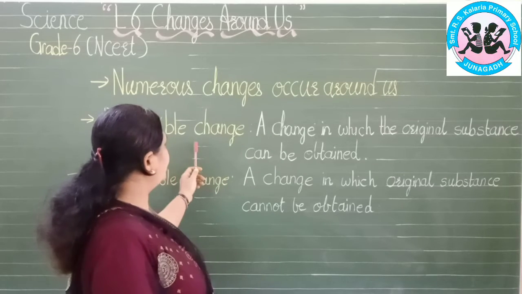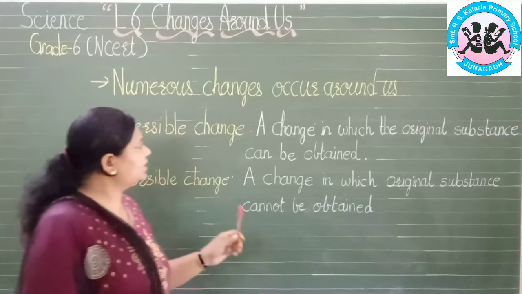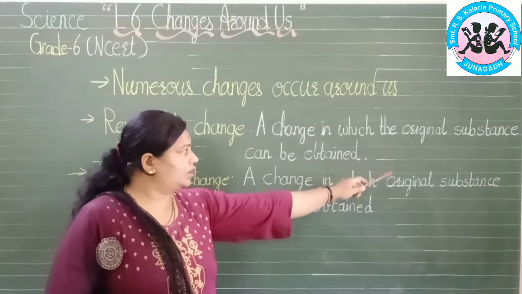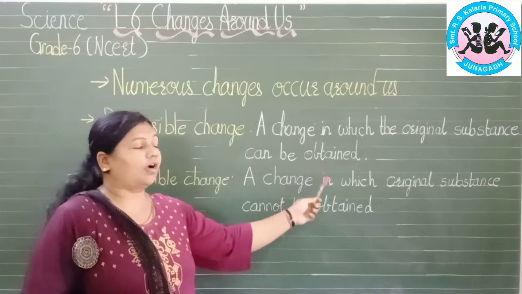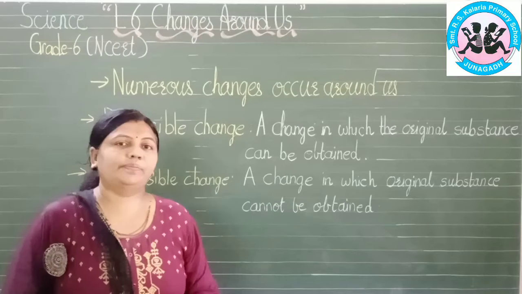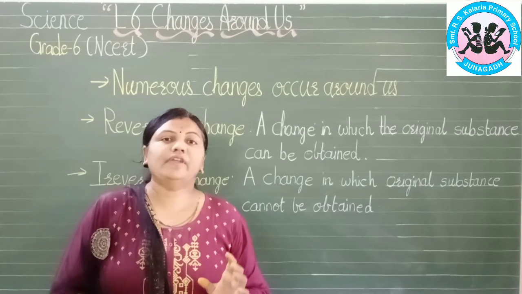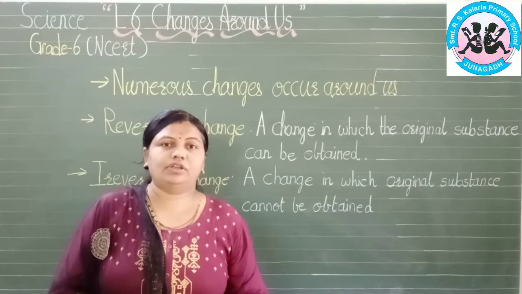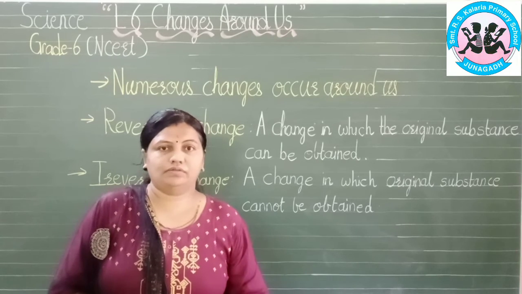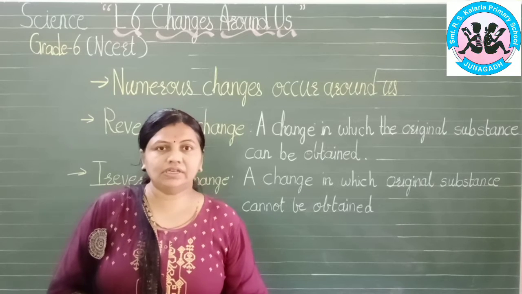Now, what do you mean by reversible change? Reversible change is a change in which the original substance can be obtained. A very routine example of our daily life: when you take water, put it in a tray and place it in the freezer, it will convert into ice, isn't it?